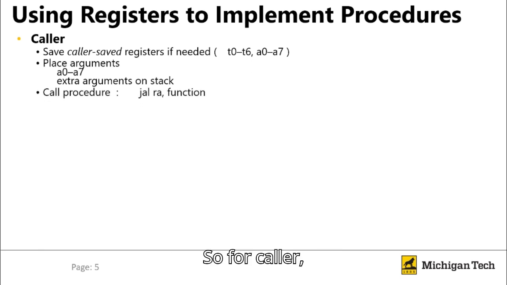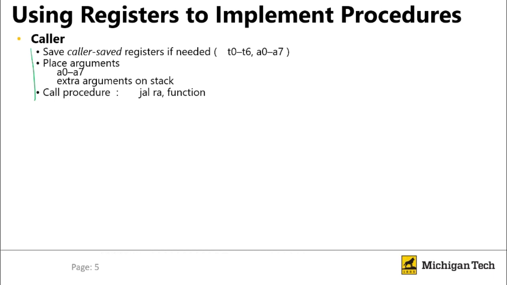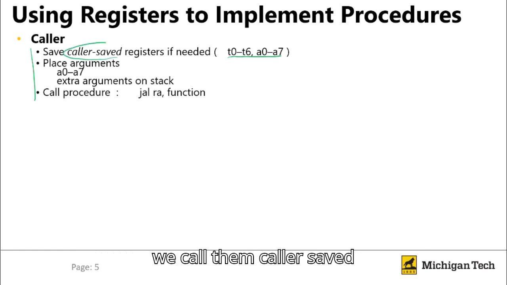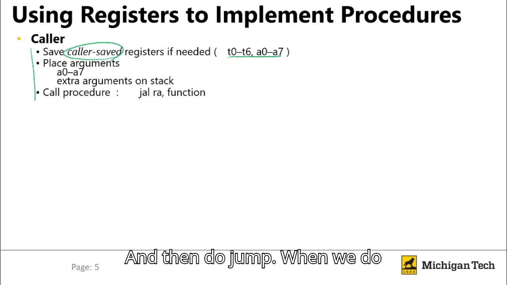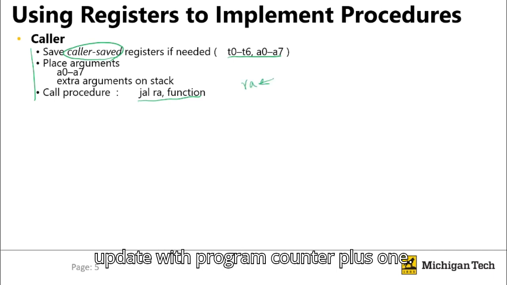For the caller, normally the caller needs to be worried just about temporary registers and arguments. We call them caller saved registers, and then do jump. When we do jumping, automatically the return address is also going to get updated with program counter + 4.